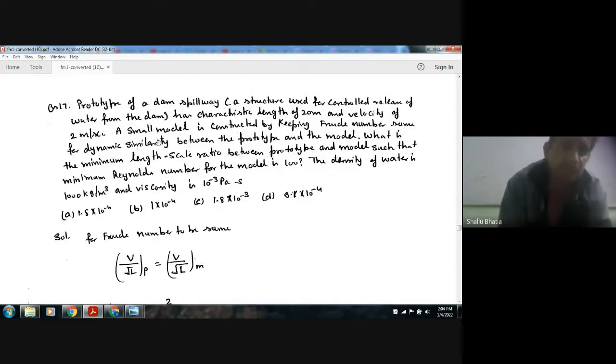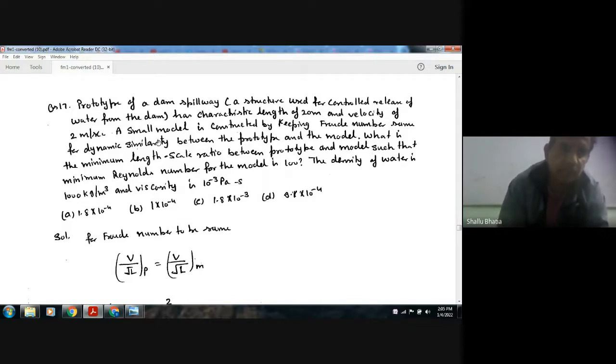What is the minimum length scale ratio between the prototype and model such that the minimum Reynolds number of the model is 100? The density of water is 1000 kilogram per meter cube and viscosity is 10 to the minus 3 Pascal second.